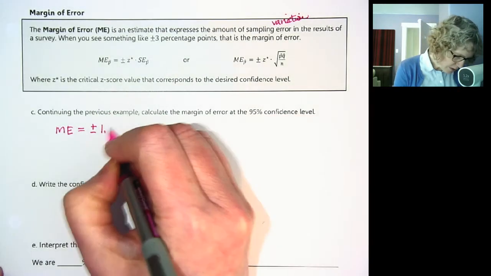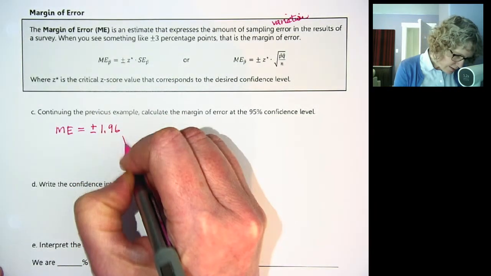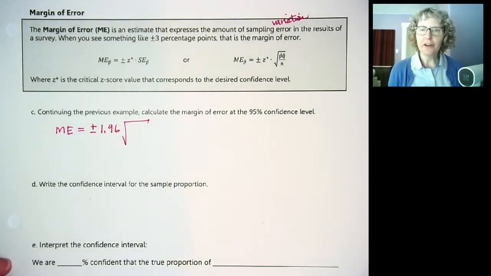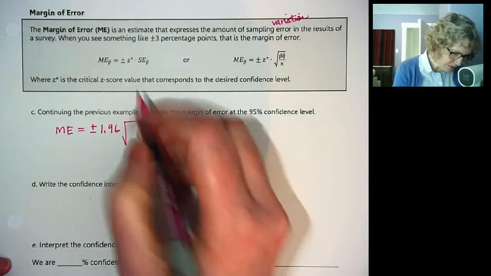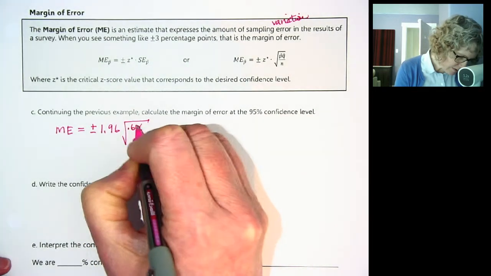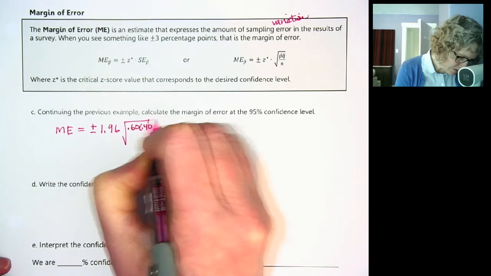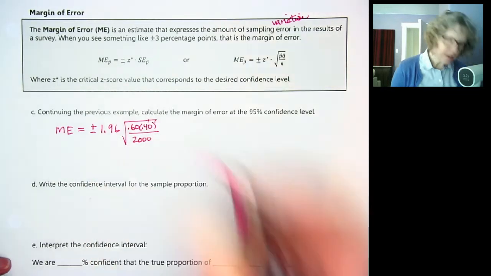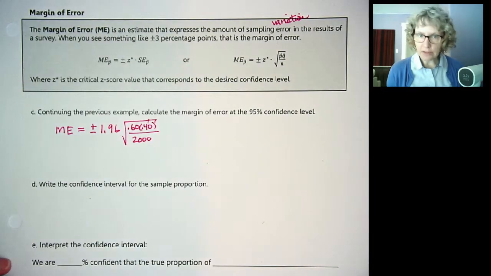Plus or minus 1.96 times, we actually calculated our standard error in the previous example, but I'm just going to do it again so we can practice doing the formula. 0.60 times 0.40 divided by our n, which is 2,000.